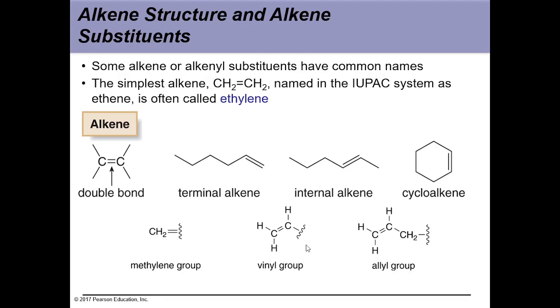Again, this curved line shows you this is a larger molecule on the other side. It doesn't really matter what it is. So this looks like an ethylene group as a substituent and is called a vinyl group. And then an allyl group will be one more methylene group inserted in between the vinyl group and the larger molecule. So these are some useful names people usually use in the description of double bond substituents.